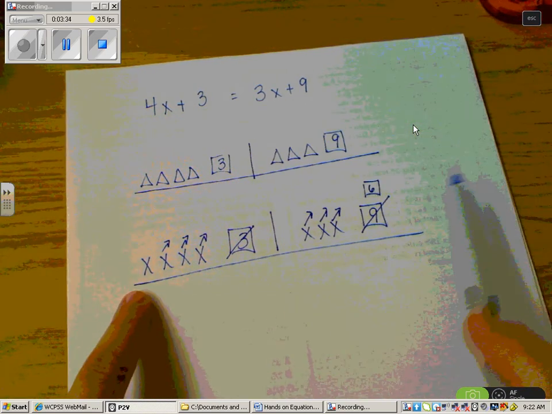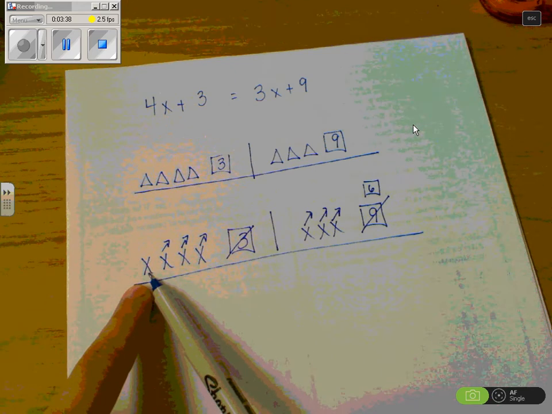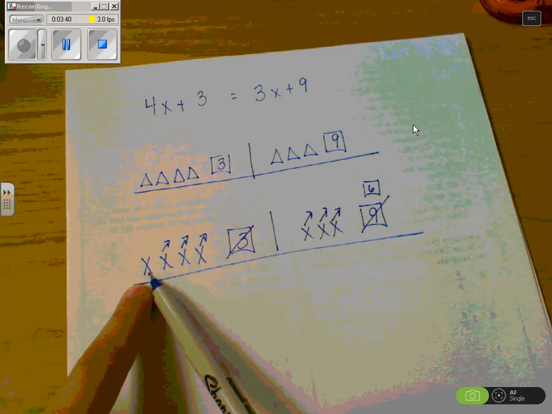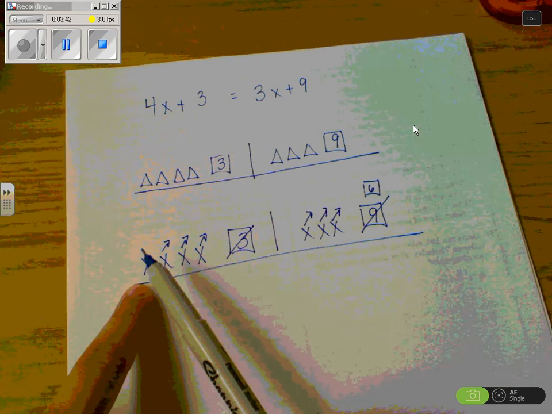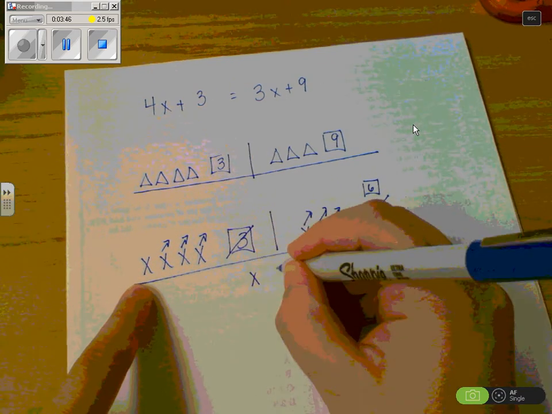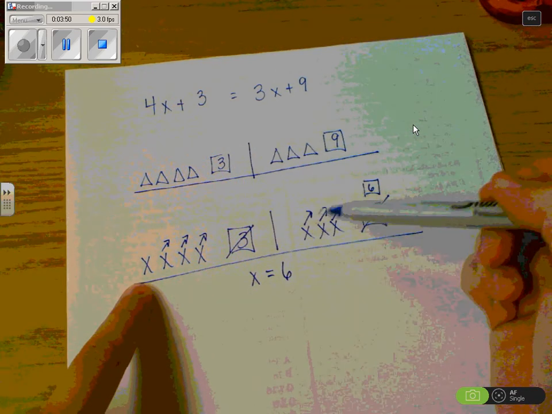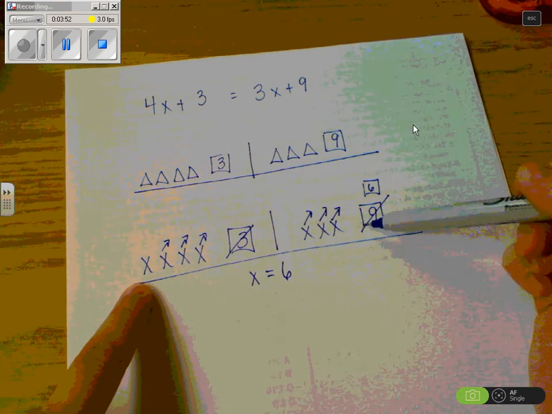So now when I look at my scale, I can see that x equals 6. And I can plug that back into my original picture.